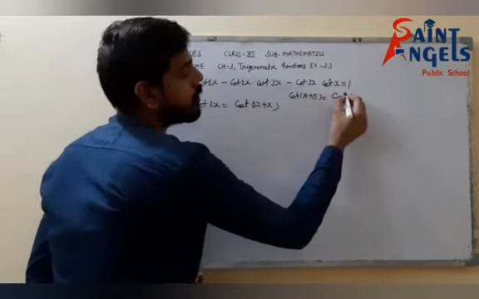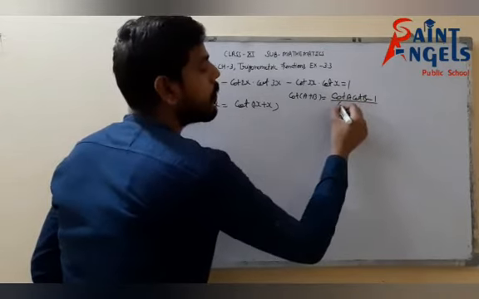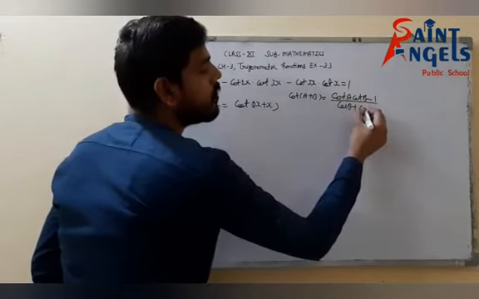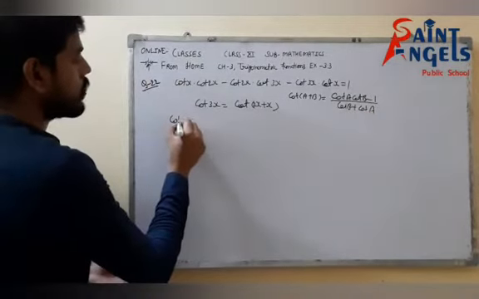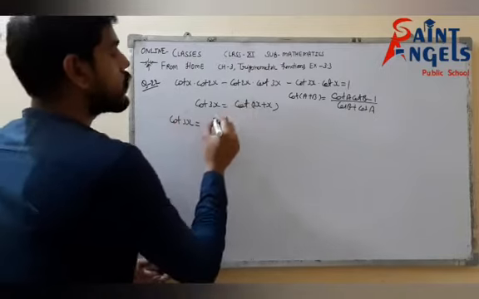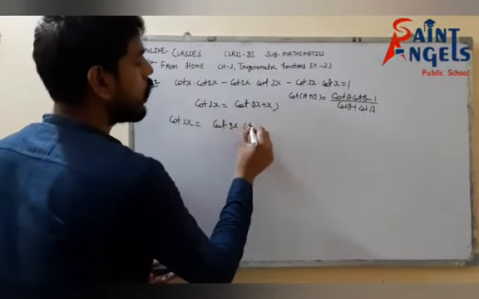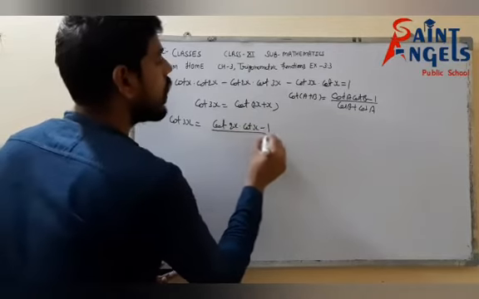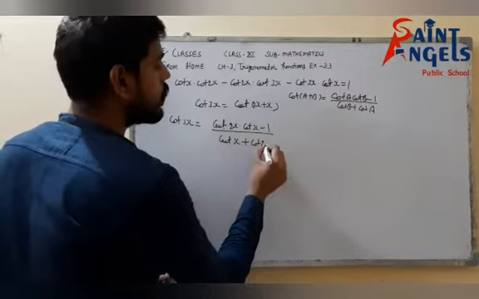That was cot a cot b minus 1 upon cot b plus cot a. Okay, so now just apply this formula. So cot 3x equals cot 2x into cot x minus 1 upon cot x plus cot 2x.